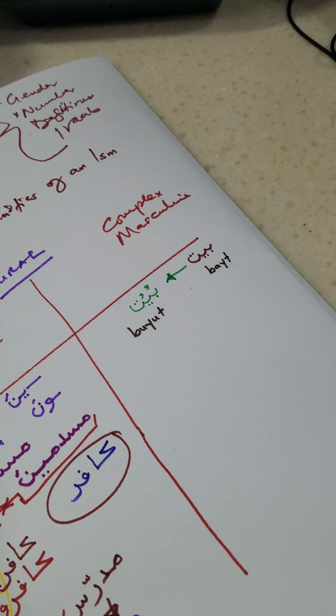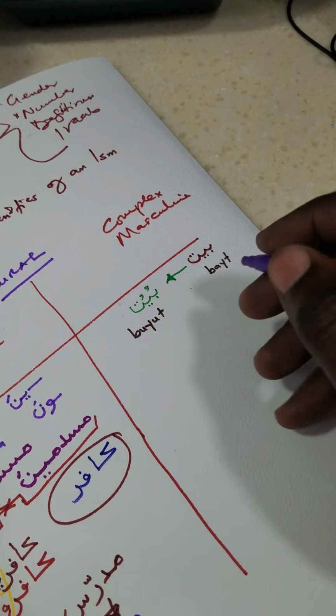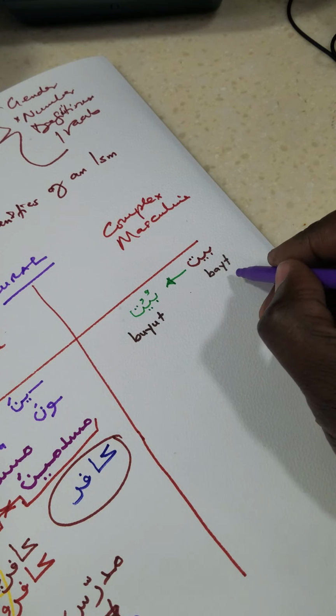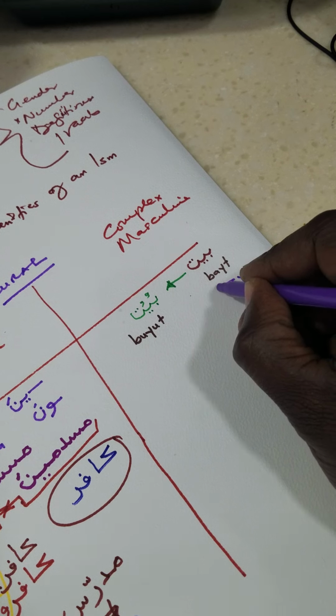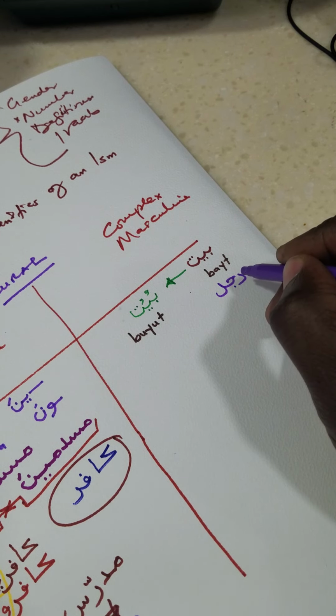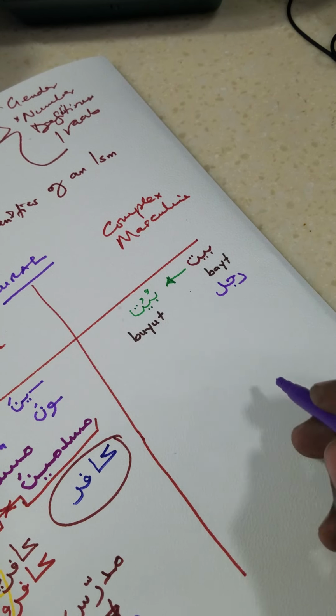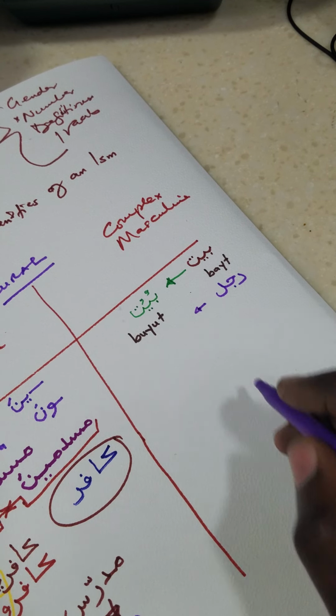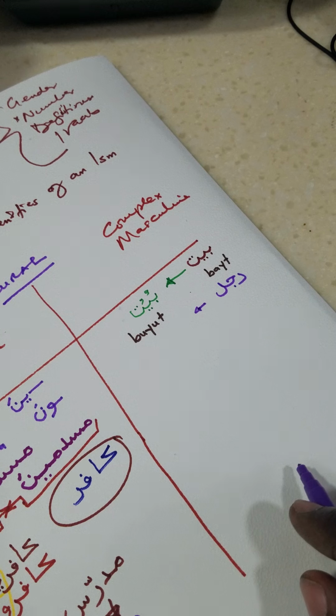Okay, we can look at another word. A man is rajul. If there are many, it's rijal.